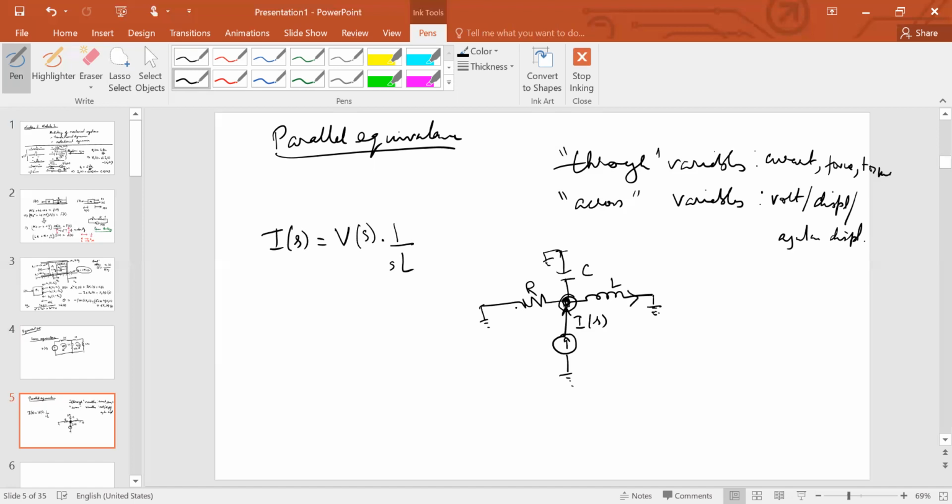So this I supplied here is going to outflow through these channels, plus V of S times C times S, plus V of S times over R, right? In other words, this gives you an equation that looks like this.